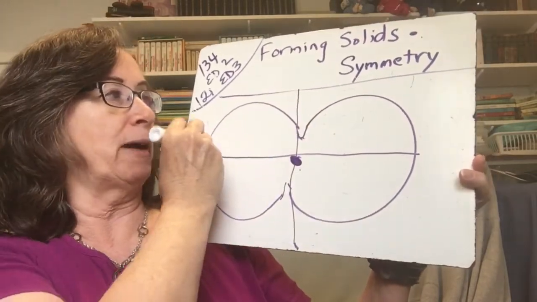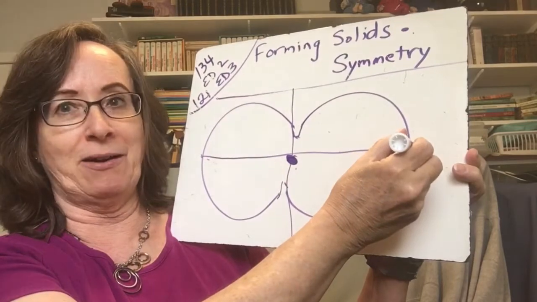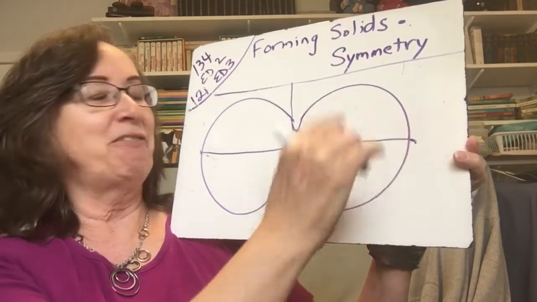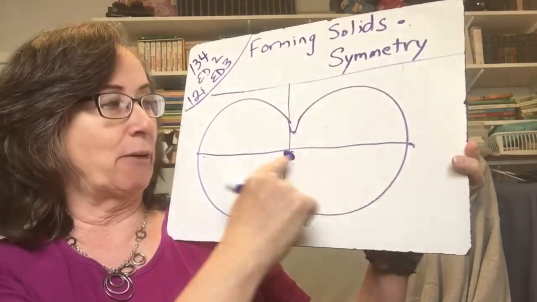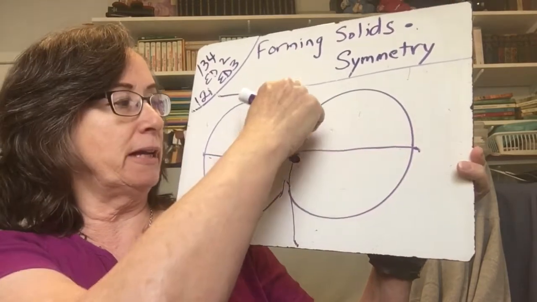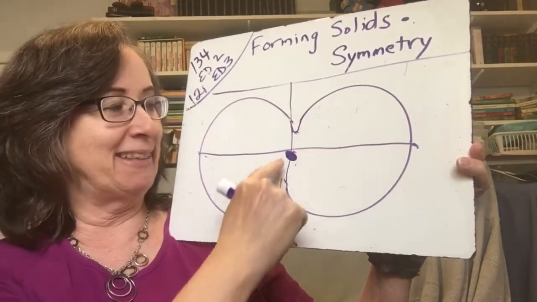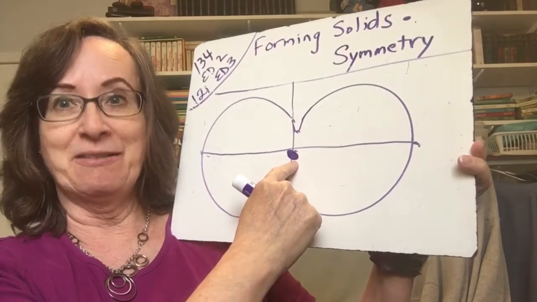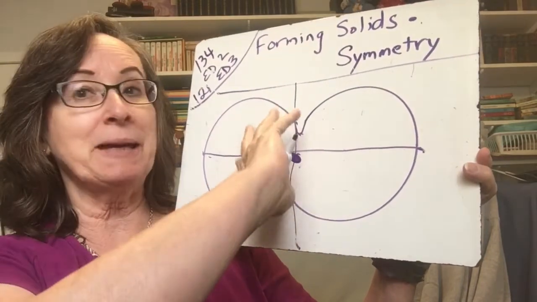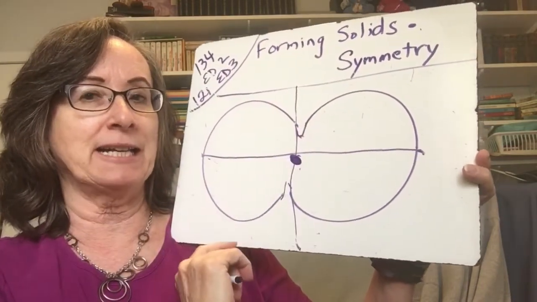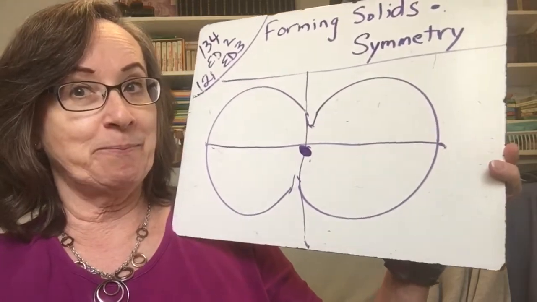Then this point right here would wind up being right there, and the figure would look exactly the same. So it has a line of symmetry, a line of symmetry, and then it has a point of symmetry also, because I could spin it 180 degrees and it would look the same.